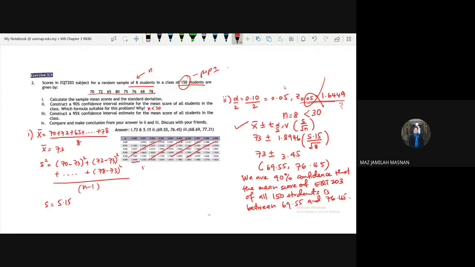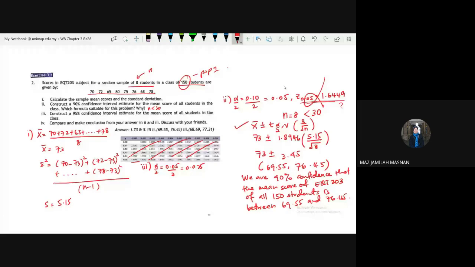Construct a 95% confidence interval for the mean score of all students in the class. So number 3. Alpha divided by 2, 0.05 divided by 2, you get 0.025.